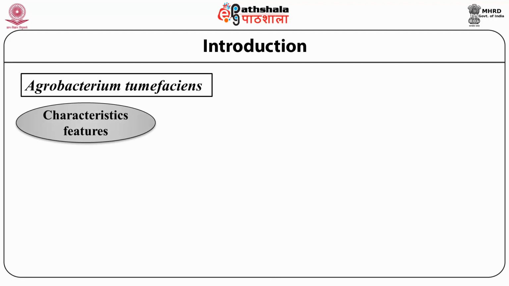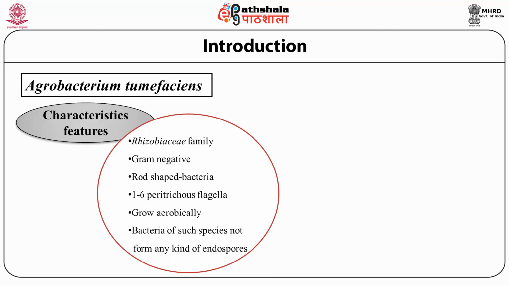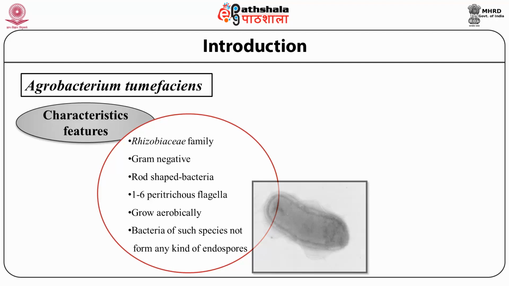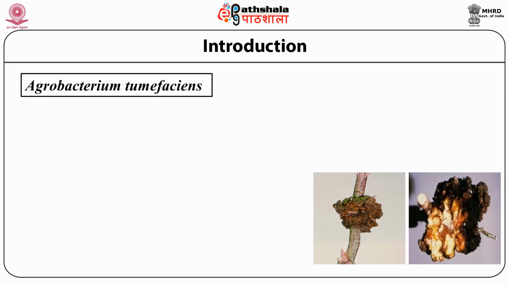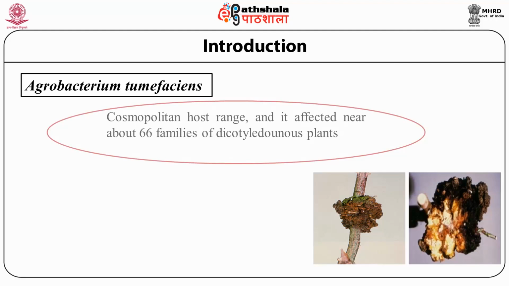Once we start to study the introduction of Agrobacterium, we find that this bacterium belongs to the family Rhizobiaceae, and it is an important gram-negative bacterium which is quite important for biological aspects. This is a rod-shaped bacterium and grows aerobically. It is present either singly or in pairs. It has a cosmopolitan host range which mainly affects dicot plants.